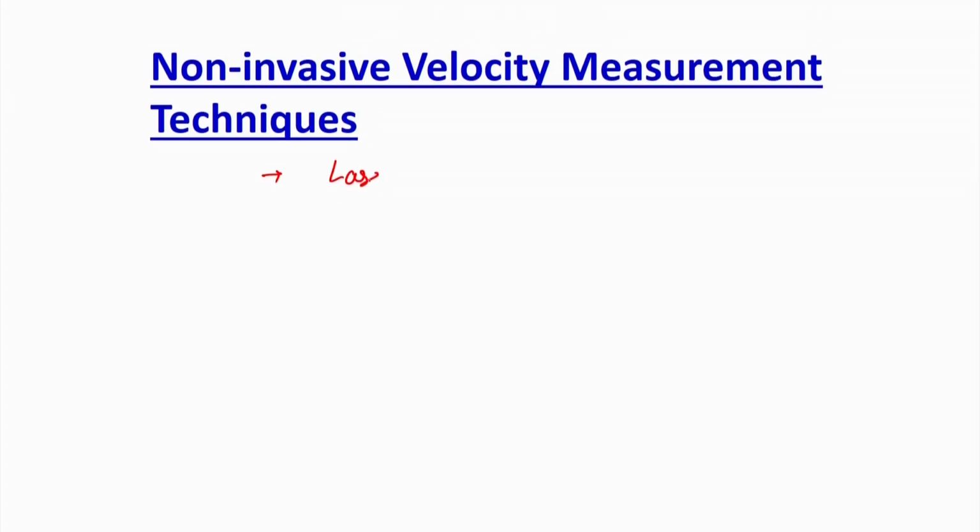As I said, there are several classes of non-invasive techniques available to measure velocity. We are going to discuss some of them in this part, and those are mainly laser Doppler anemometry, also called velocimetry, or we will call it LDA.